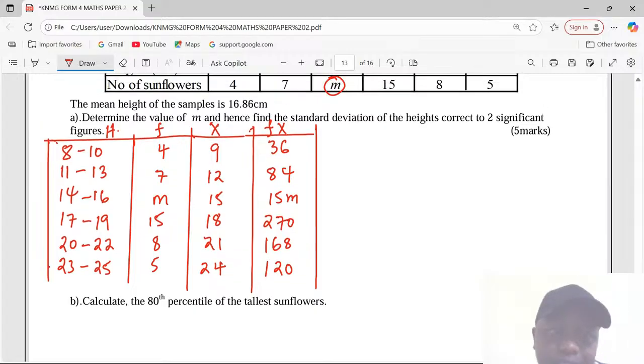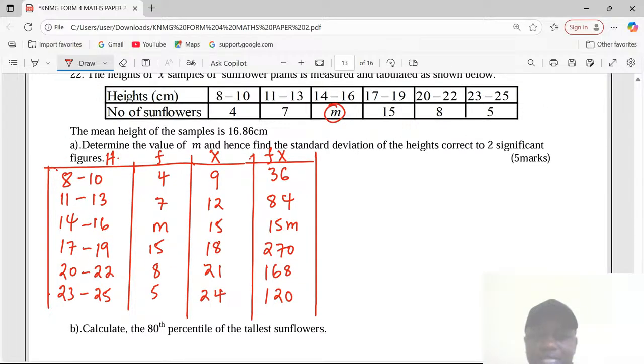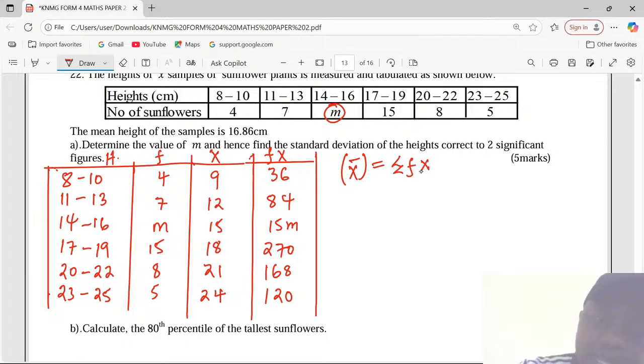Now look at this. We are told that the mean height is 16.86. The mean is given by sum of fx divided by sum of f.